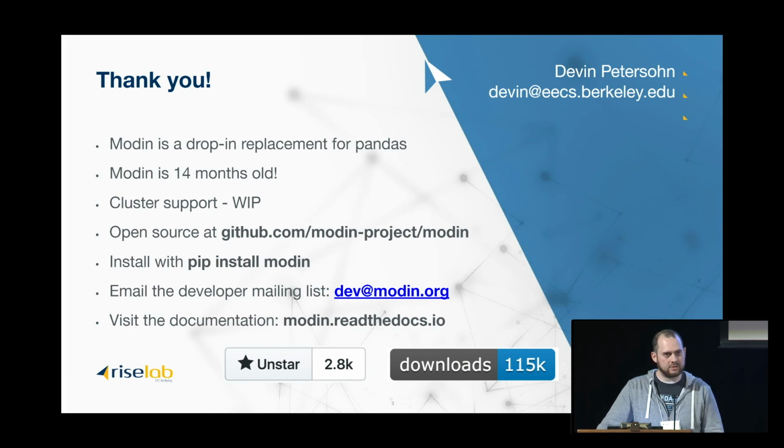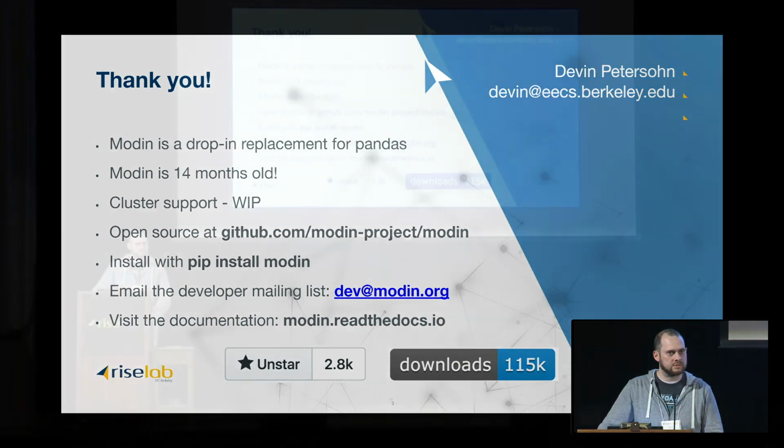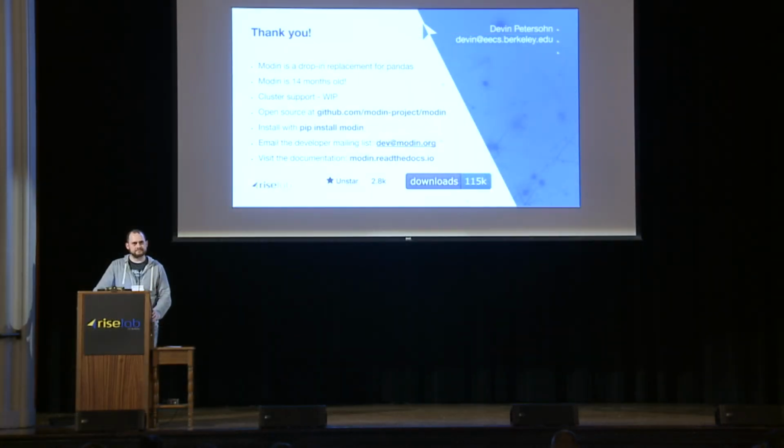So yeah, are there any other questions? Yes, in the back. In terms of how many resources Modin uses, is that configurable? Does it greedily get everything it finds, like in the example you had with all the CPUs not being idle? Yeah.